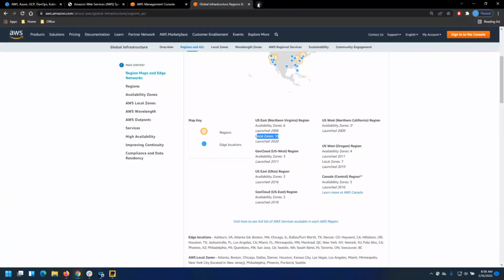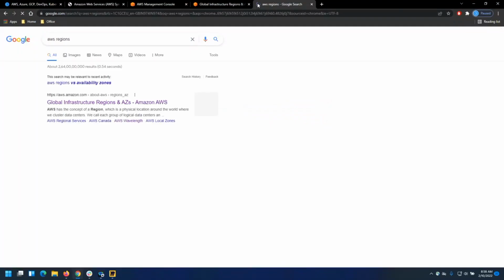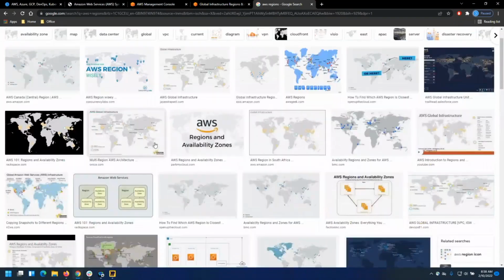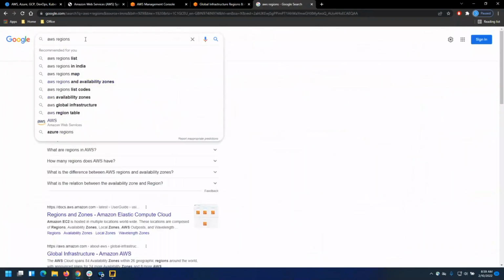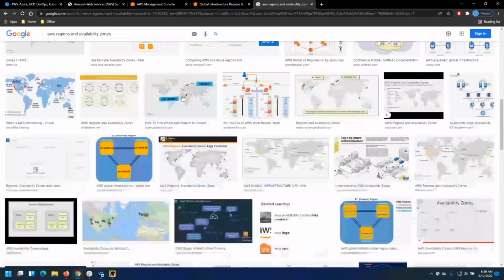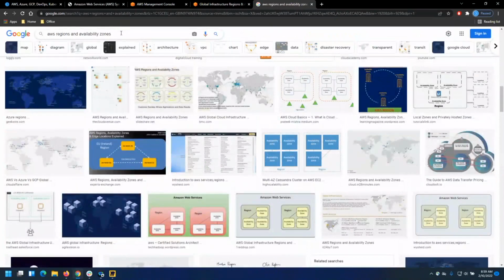So let's go to AWS regions, AWS availability zones. Let's check the images once. US-East-1.